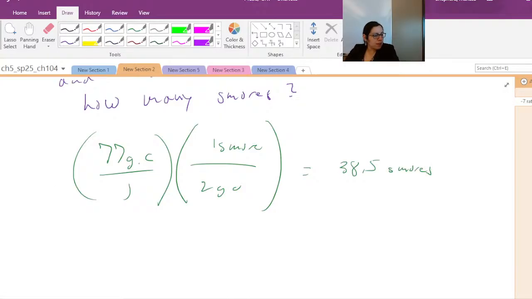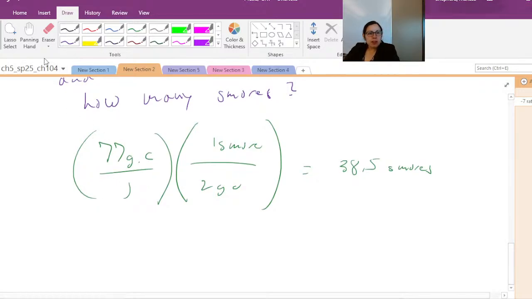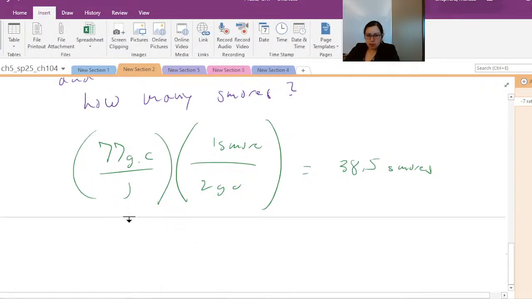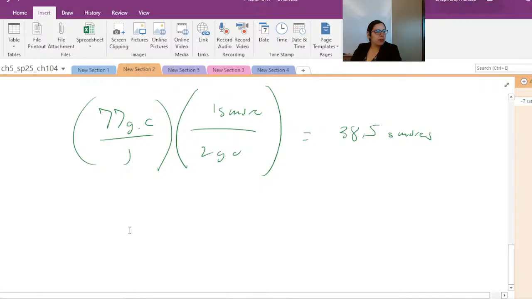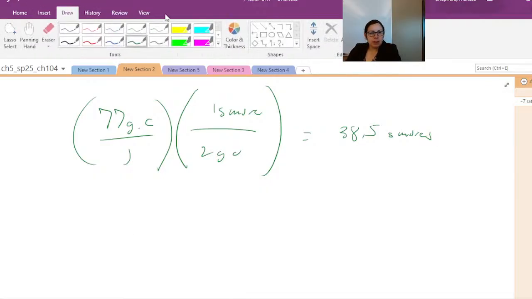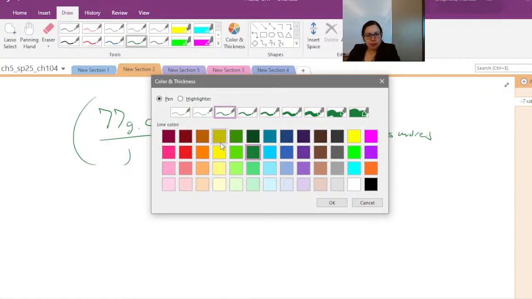All right, that's good. So let's try another kind of limiting reagent problem, they're called. And so now let's compare.